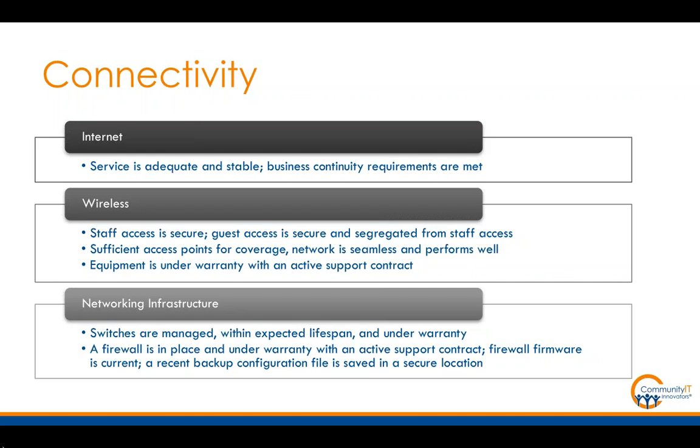If your internet drops out with some frequency, you may want to have a secondary internet connection that you can fail over onto so that you don't, for example, lose connection to that cloud application that everybody uses all the time. You just really want to make sure your business continuity requirements are met.